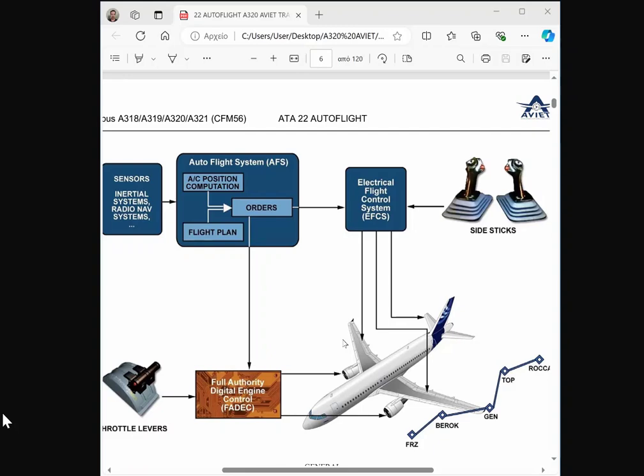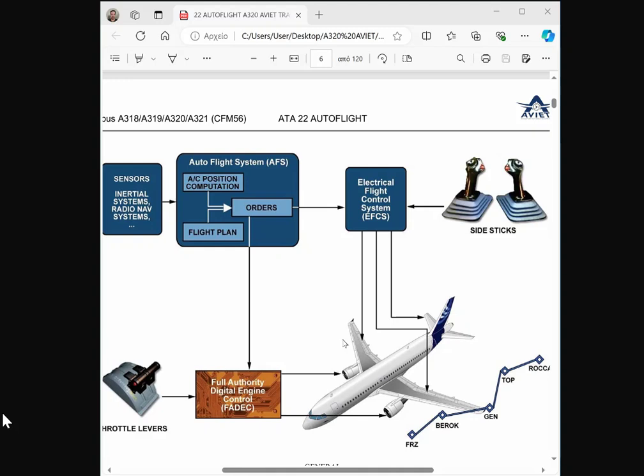If you place it above the climb, between max continuous thrust and flexible, the autopilot, bye-bye, finish. It will follow your orders from your thrust levers.